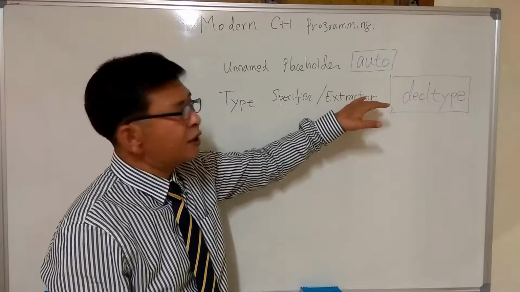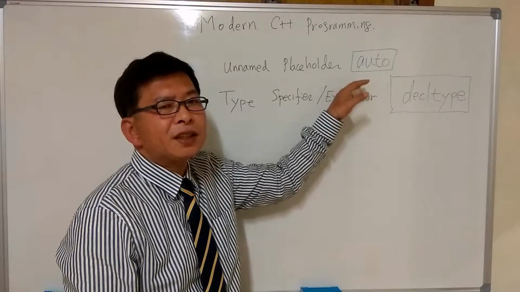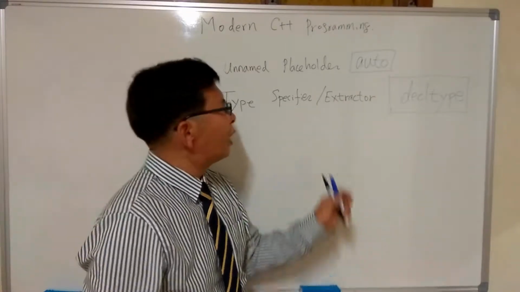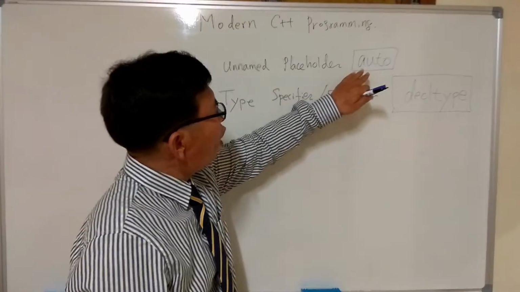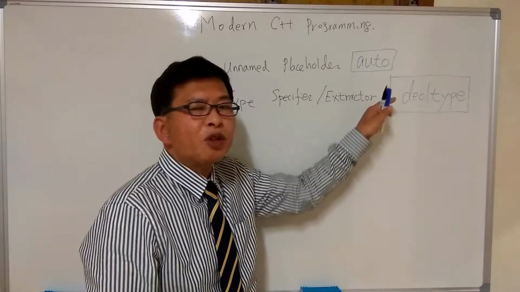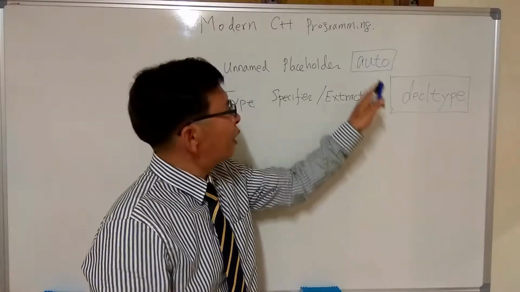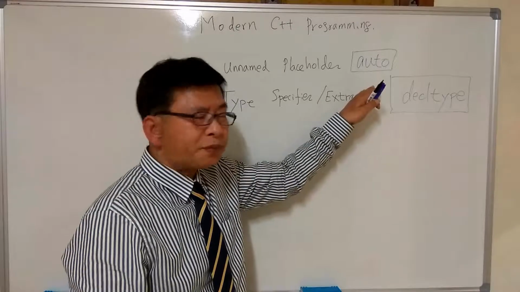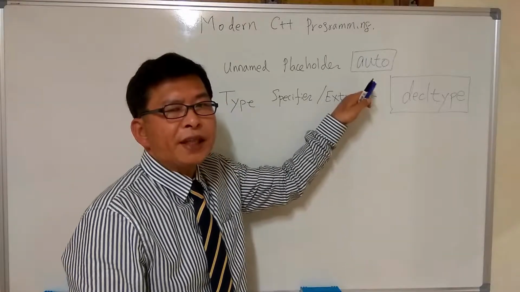These two keywords play a central role in modern C++ programming. I will explain auto and decltype in more detail in future videos, but in this video I will explain the basics.